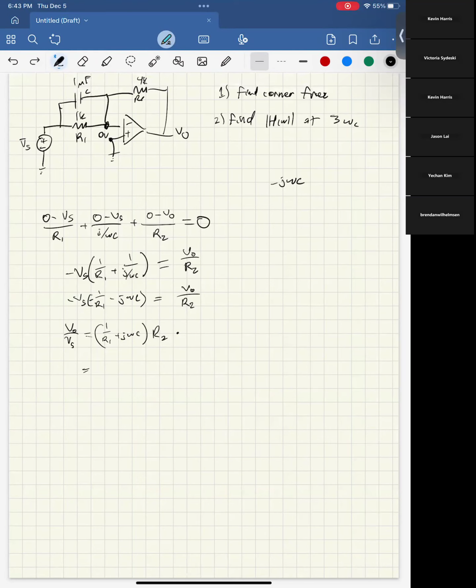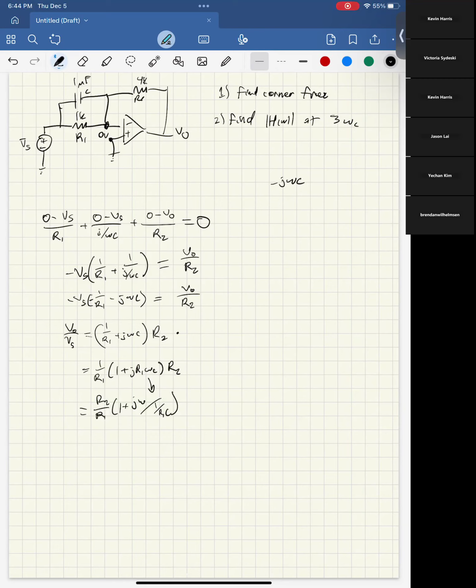Make sure I'm still doing this correctly. Yes. You'd get 1 over R1 times 1 plus, if you factor out R1 from J omega C, J R1 omega C, R2 over R1, 1 plus J omega over 1 over R1 C.